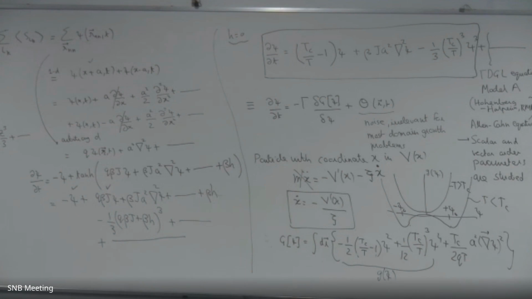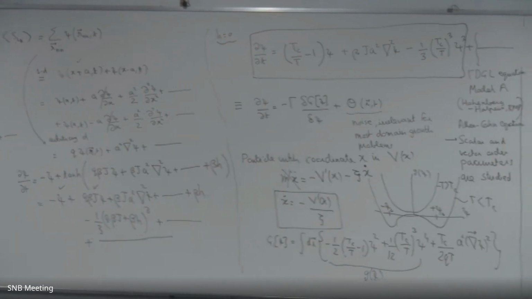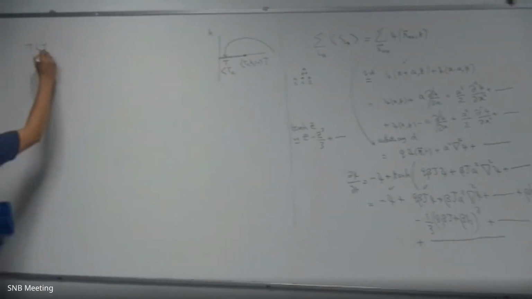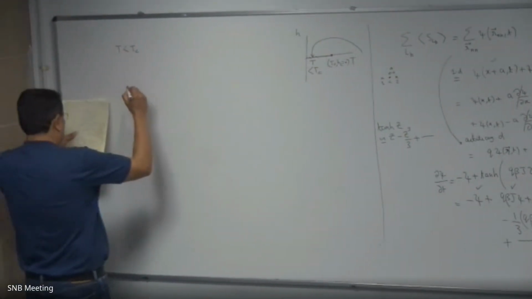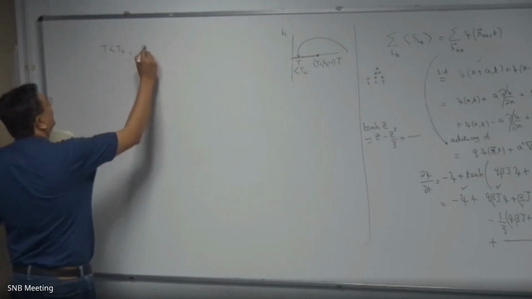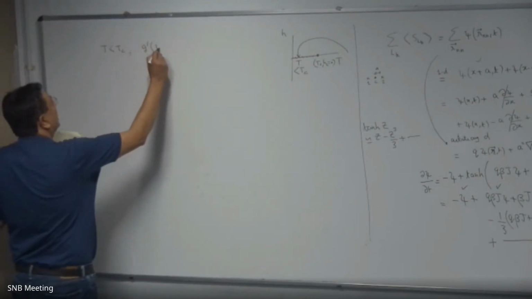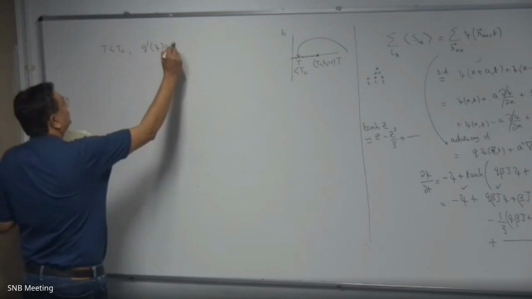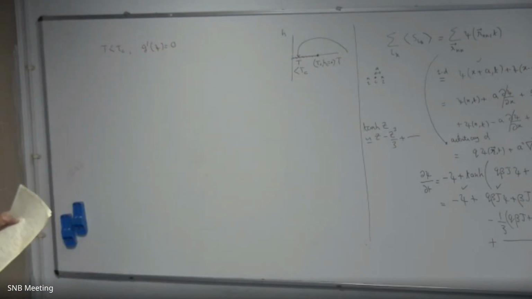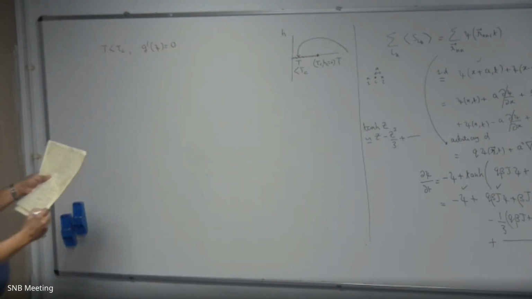Okay, so for T less than Tc, the extrema are determined by G prime psi equal to 0. That's where the extrema lie. Notice I'm not using the word minima.